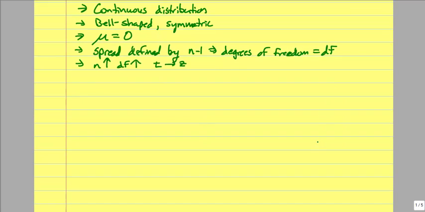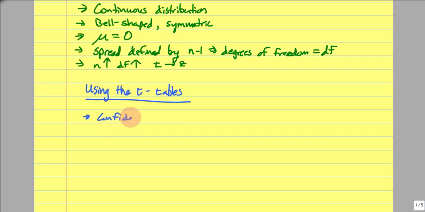So let's go ahead and look at a few examples of using your t tables. Let's say we wanted a confidence level of 95%, and let's say we have a sample size of n equal 15.